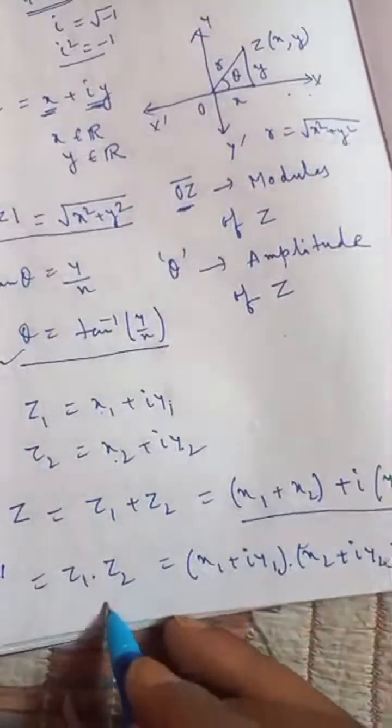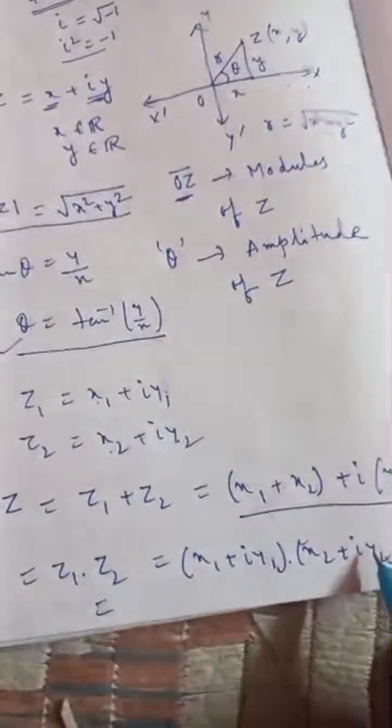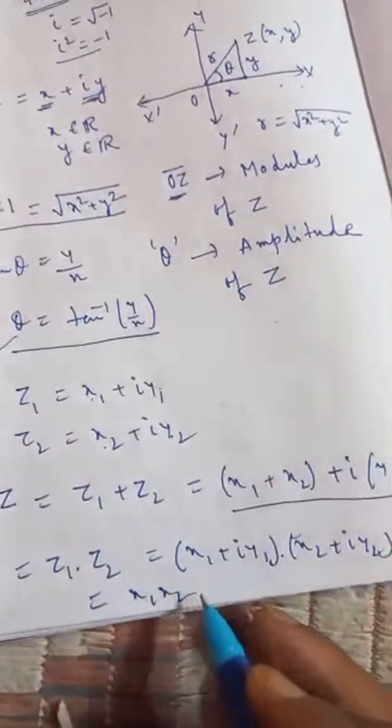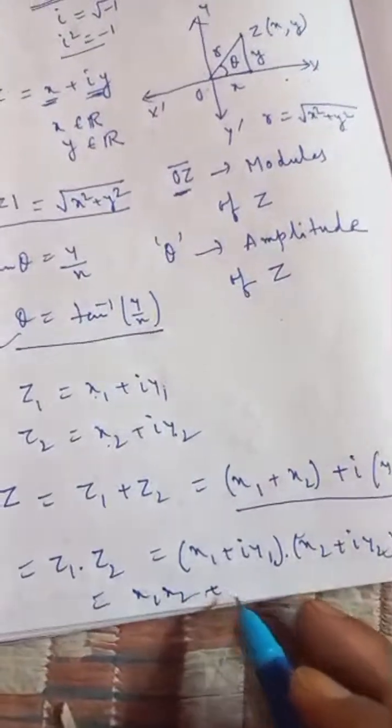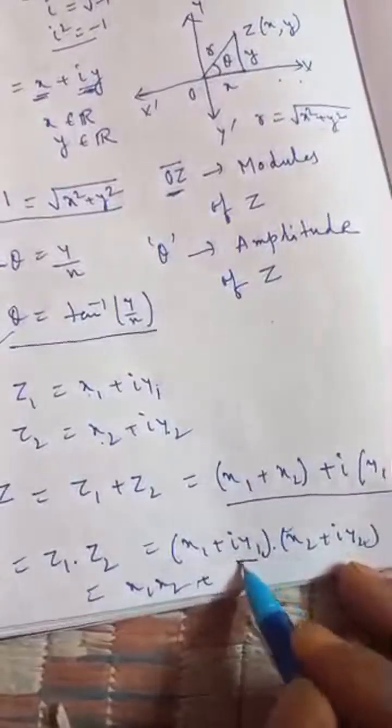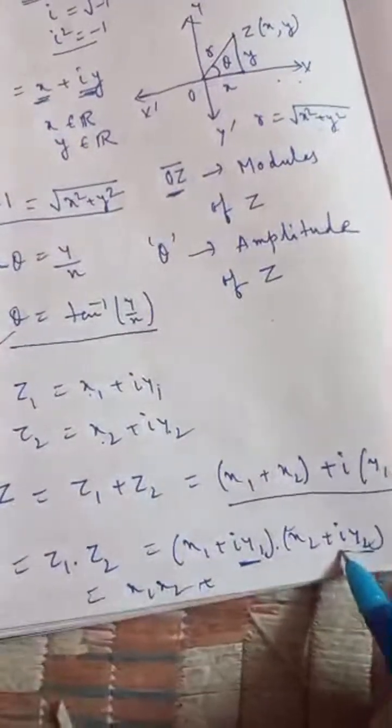Going directly to the multiplication, it will be equal to x1 x2 plus, here we get a real part.